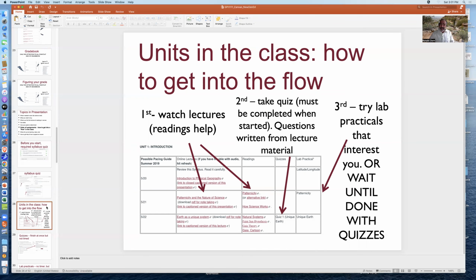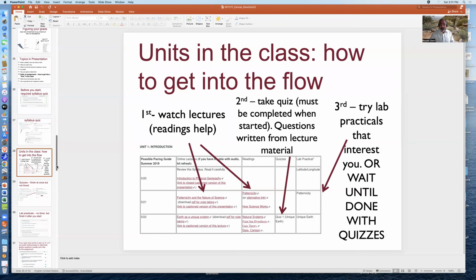But if somebody's confused, behind, not really getting into the flow of things, what works almost all the time is to just do the quizzes first, watch the lectures, take the quizzes, do the readings, and then after that, try the lab practicals because you'll find out how many points you've earned after all of the lectures and quizzes, and you'll then know how many points you need to earn with the rest of the assignments.